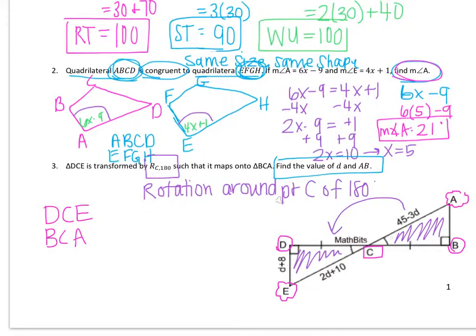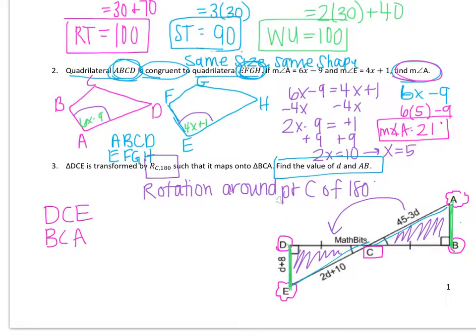So now when I'm asked to find the value of D, I run into that same issue I had in example 1, where I have 3 lengths, 3 sides, with expressions that contain the letter D. But if I look at those lengths and the corresponding parts, I notice that this side, DE, corresponds with AB, where there's no expression.